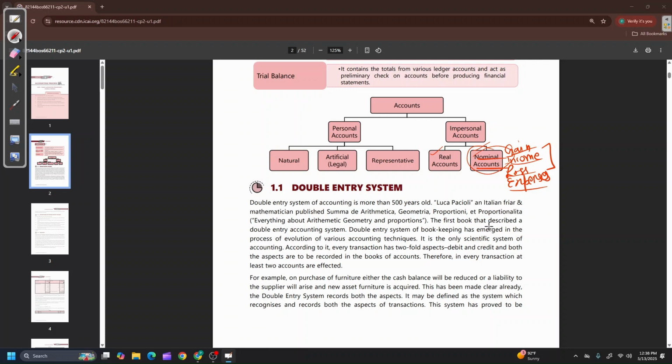Okay? Gain, income, loss, expense. Any account, if it's coming in any of these four categories, it's a nominal account.